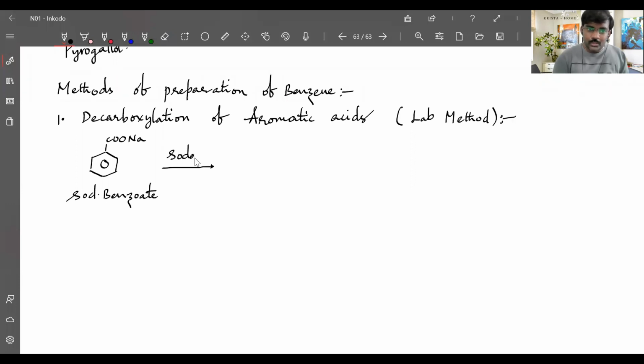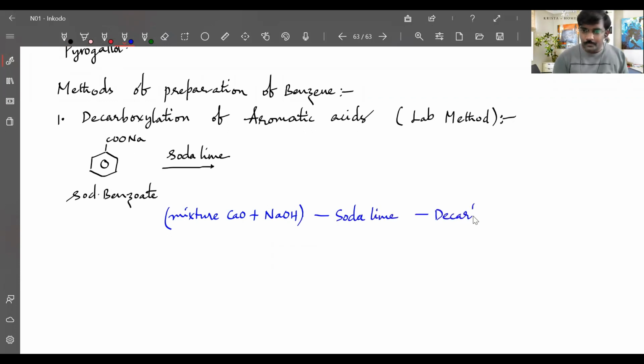Soda lime generally is a mixture of calcium hydroxide plus sodium hydroxide. Okay, and this particular mixture we call soda lime. And soda lime, you remember, is a decarboxylating agent. Okay, decarboxylating agent. That means it will remove the carbon dioxide from the carboxylic acid part.